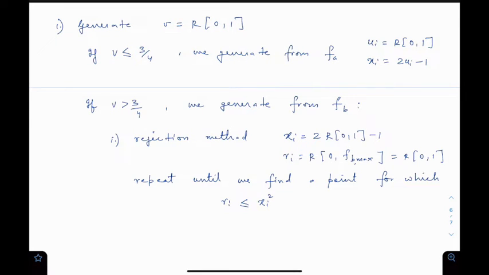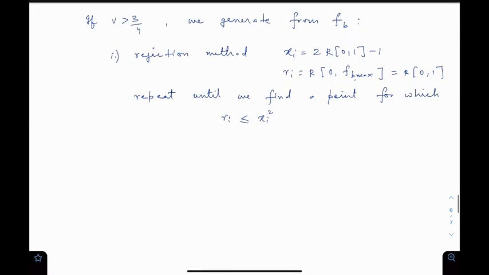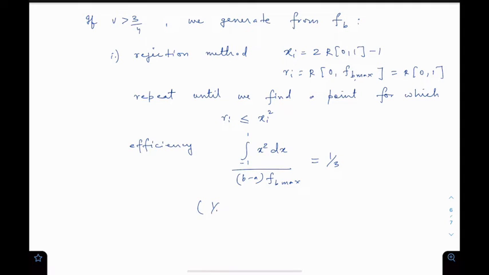Now the efficiency comes out to be 1/3 for points generated here, which is 1 by 4 of all the points generated.